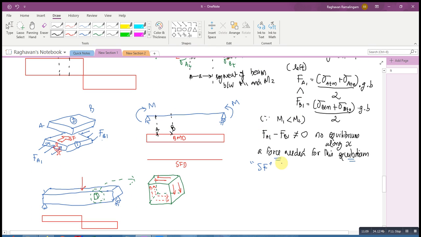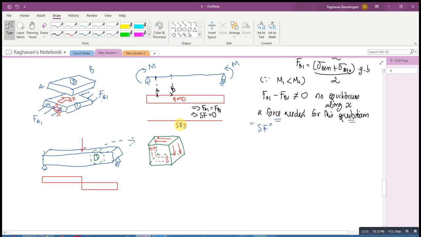This will give you FA1 equals FB1, which means it's in equilibrium and you do not need an additional force to cause equilibrium. Therefore, your shear force anywhere here will be zero, and that's how you get a constant shear force diagram for this. And so this is how the shear force comes into the picture.